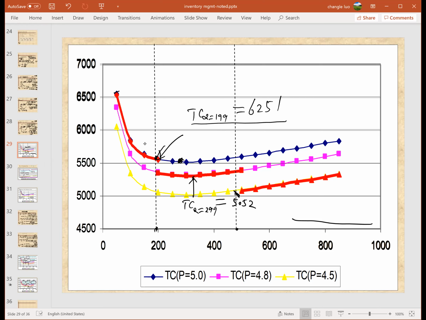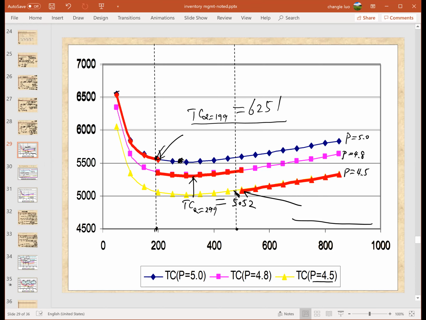Okay, the third one is here. The third line is the total cost where the price is 4.5 per unit. The pink one is the price 4.8 per unit. And this top one, the blue one, is priced at $5 per unit.